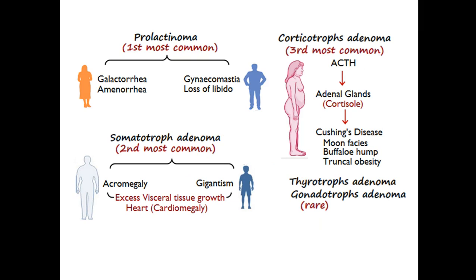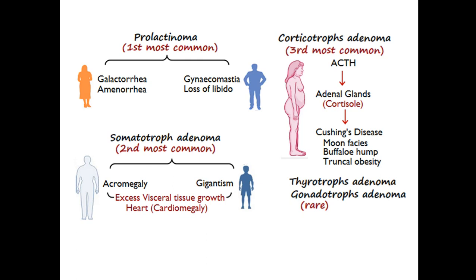Prolactinoma, which is the first most common tumor of the pituitary gland in a female, will lead to secretion of milk. Normally, secretion of milk occurs only after childbirth, when the mother is breastfeeding. But if milk secretion occurs from the breast when the mother is not breastfeeding, or is not pregnant, it may indicate a prolactinoma.